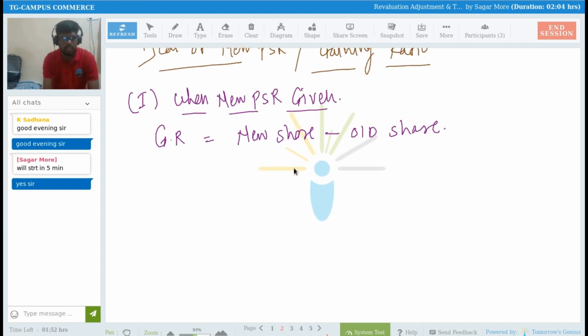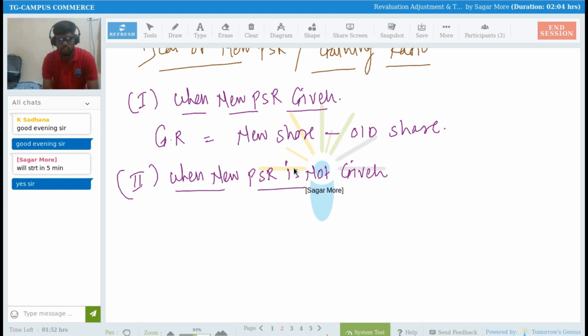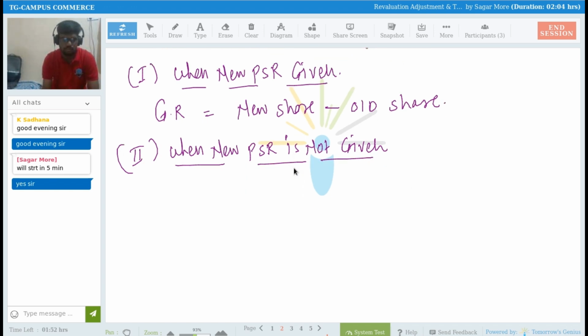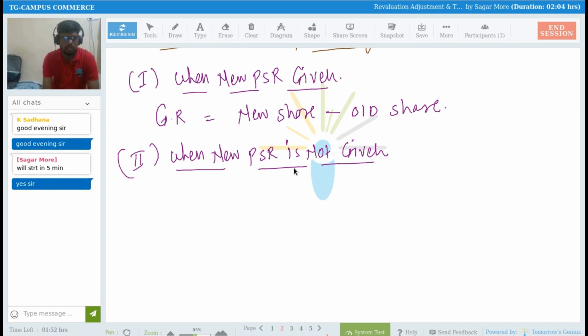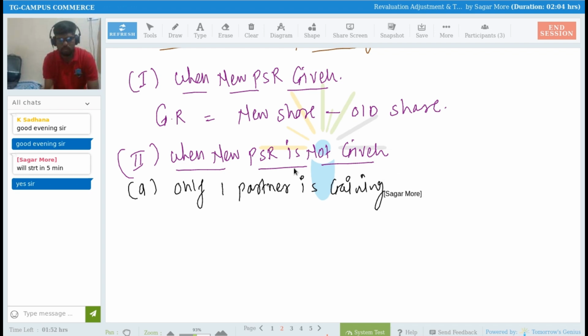Yes. Then second we see when new profit sharing ratio is not given. Under that, first case we understood: only one partner is gaining partner, right?